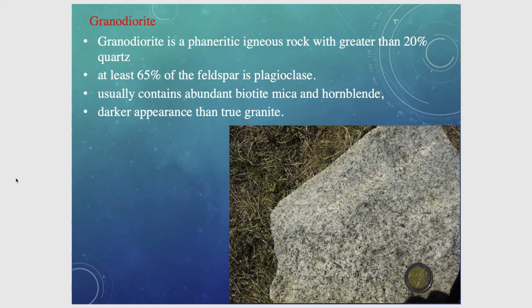So we usually see a progressive drop in biotite and muscovite in granodiorites when we move to more basic compositions. And it usually has a darker appearance compared to a granite because of the abundance of the mafic minerals.